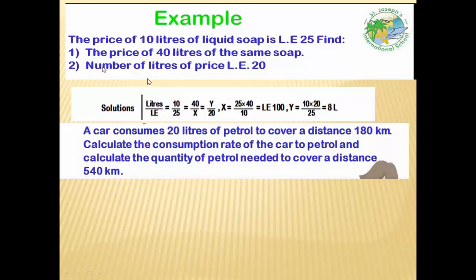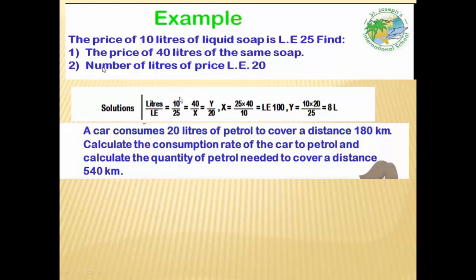Then we can write the number of liters in the numerator with the number of pounds in the denominator. Then the first liquid soap gives 10 liters over 25 pounds equal to the second soap, the price, which is 40 liters over which price.